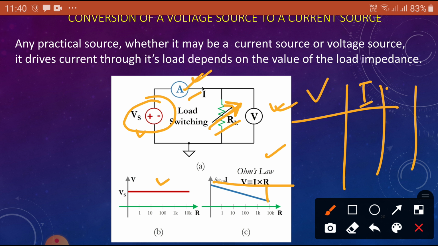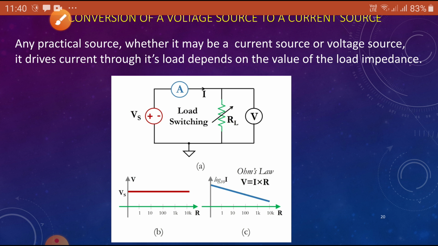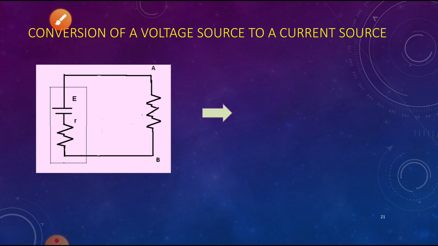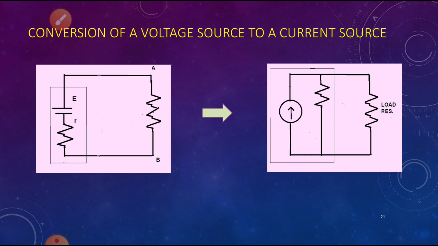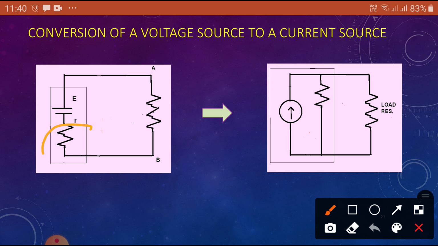This is one circuit. Now convert voltage source to current source. As we have seen, the voltage source has an internal resistance in series of very small value, whereas the current source has a high resistance connected in parallel. This is the internal resistance small r of the voltage source, and this is small r of the current source.